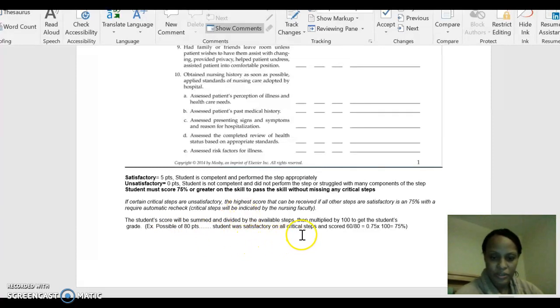The student was satisfactory on all critical steps, so that means they got all critical steps correct. They're competent. They scored a 60 out of 80. That equals 0.75, times 100 equals 75 on that skill for that student. Therefore, they would pass that skill.